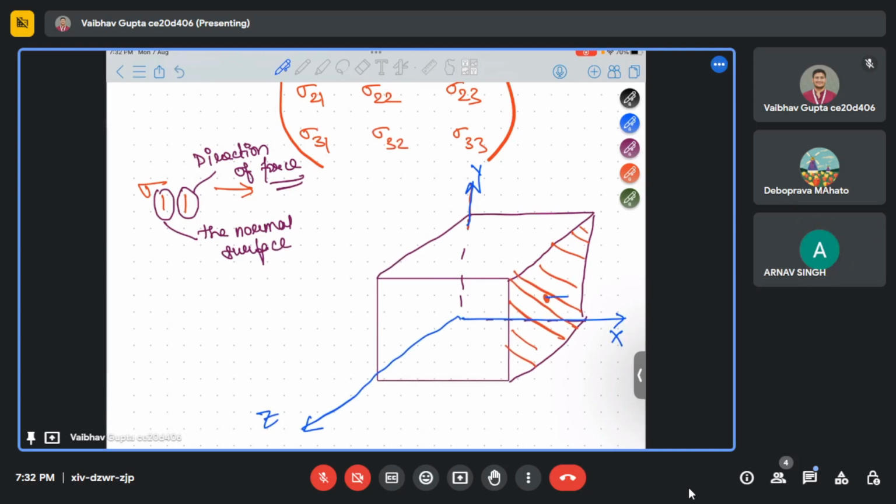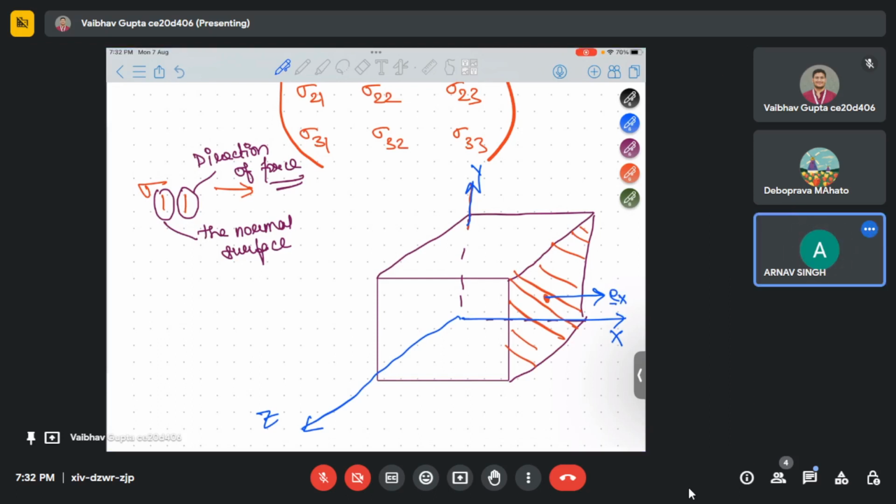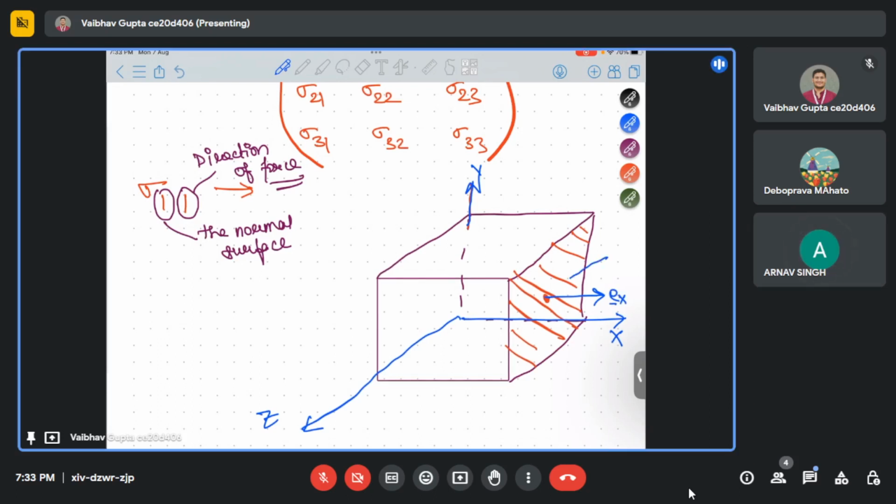So here, this is the x direction, and the traction is acting like this, Tex, normal to the surface and pointing outward. You're getting a plane and an outward normal, and Tex is the traction acting.